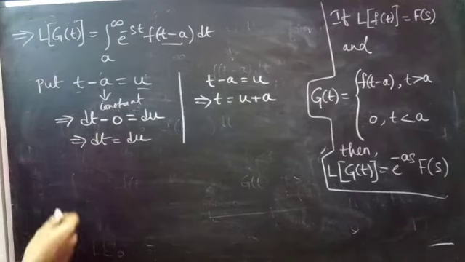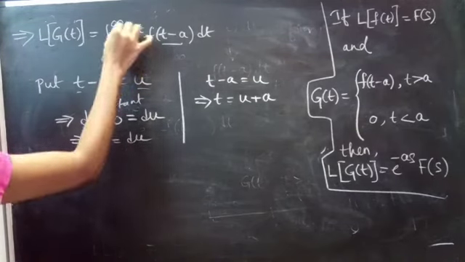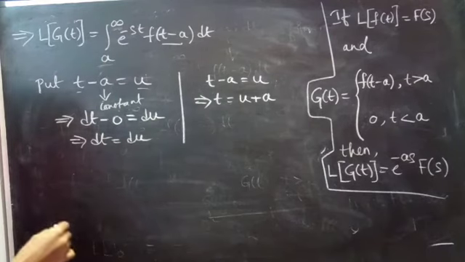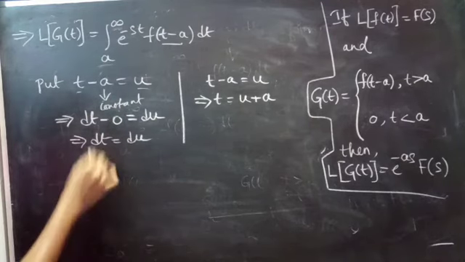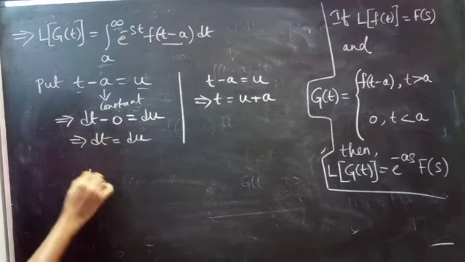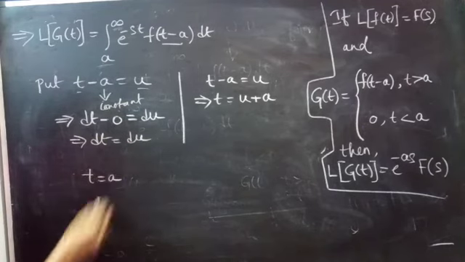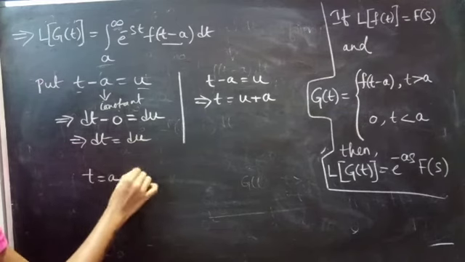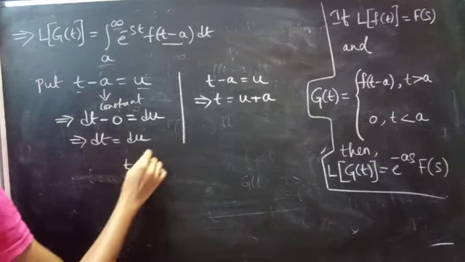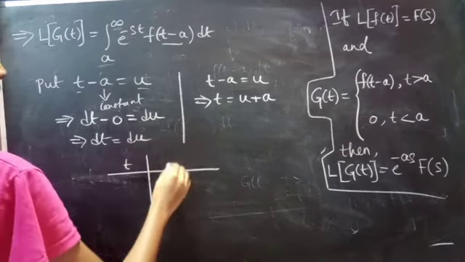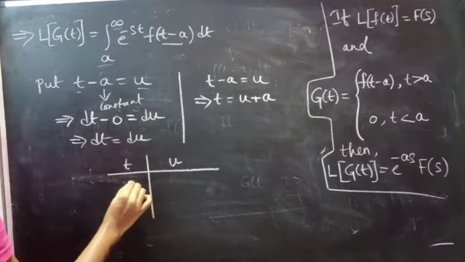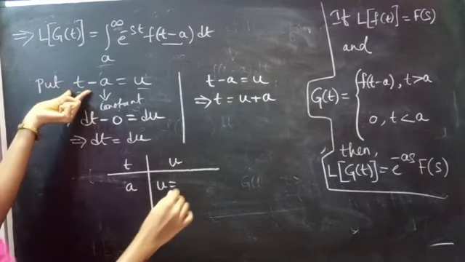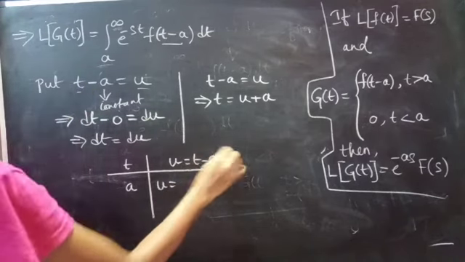Good. Now we are going to change the limits, lower limit and upper limit. When t equals a, u equals t minus a.